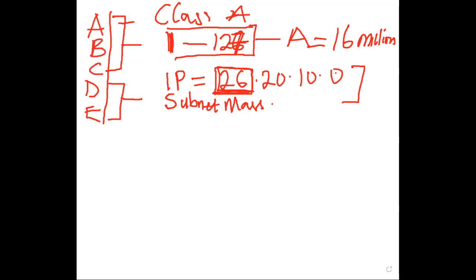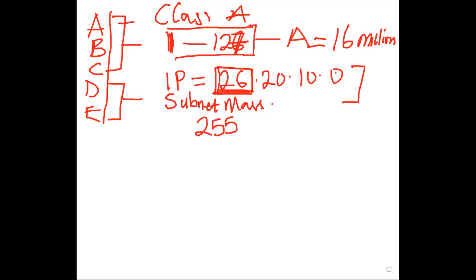For example, you might have seen something like this. For a class A IP address, you have an example of a subnet where the first octet is filled. Remember, when it comes to an IP address, we have 8 bits.